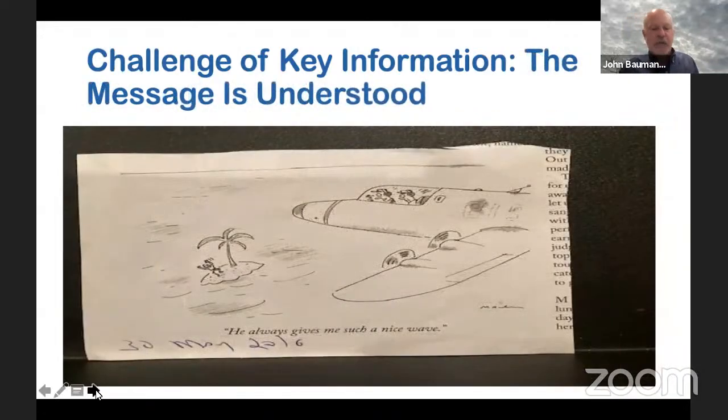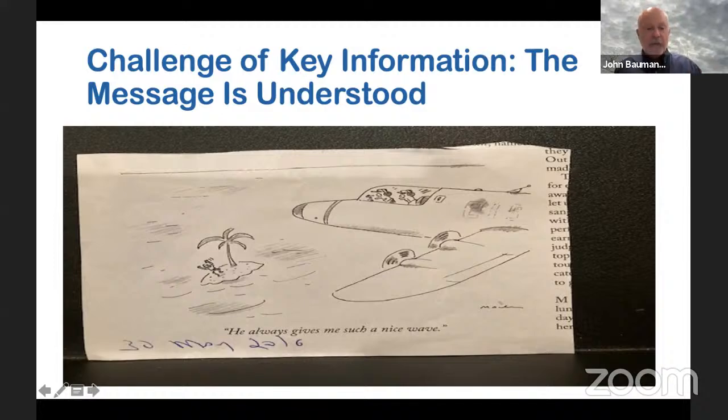In other words, to avoid a situation like this: the person on the island is waving to get noticed, but the people on the plane see it differently. So another reason for the key information summary is to make sure that the most important points are not only communicated, but also understood.